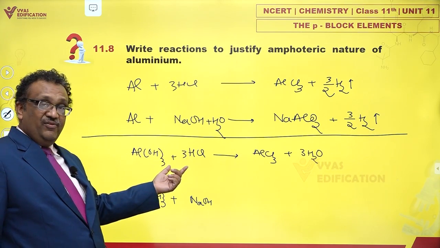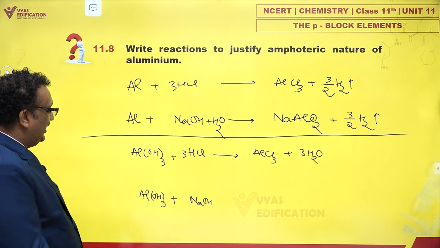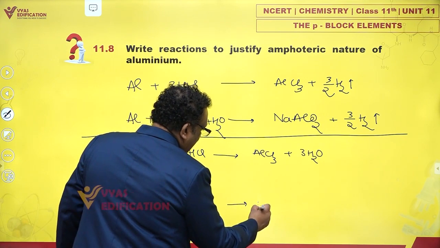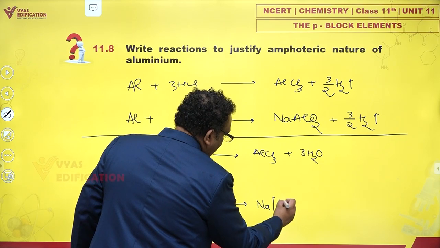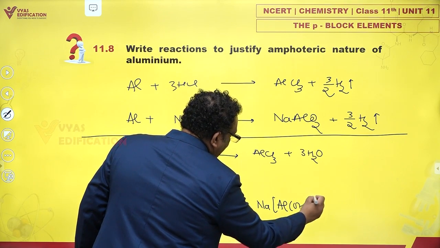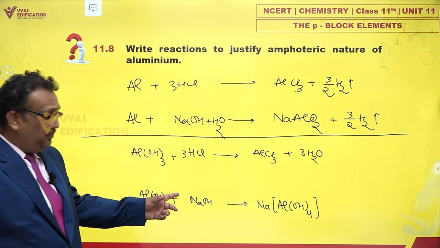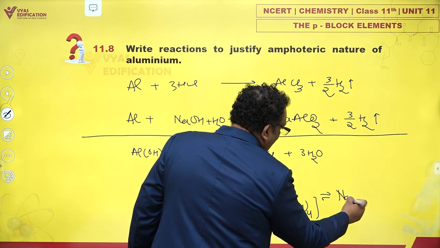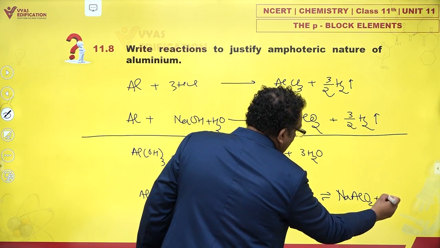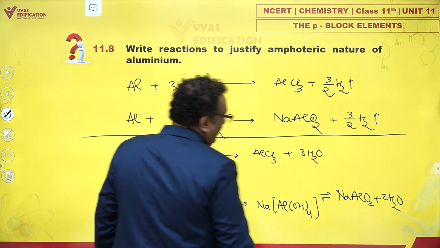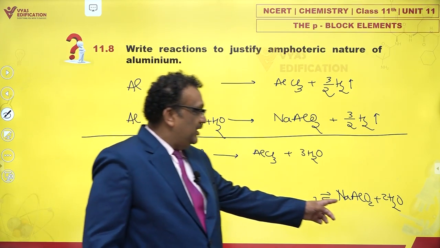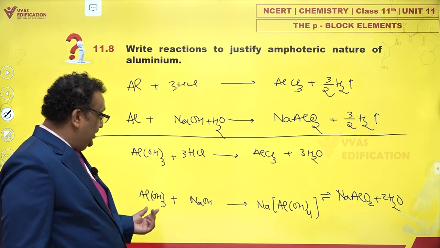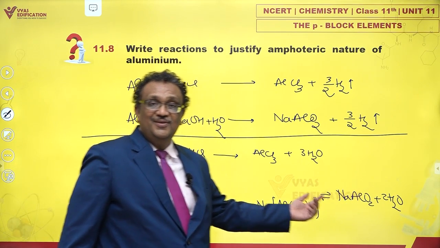So since it is reacting with acid to form salt, it behaves like a base, fine. And in case you have a base, it can again react to give you something like this, a complex. Actually, you can write either this or you could write NaAlO2 plus 2H2O. This can very easily decompose to give you sodium metaluminate, again a salt. So, it reacts with a base to give you a salt, yes.